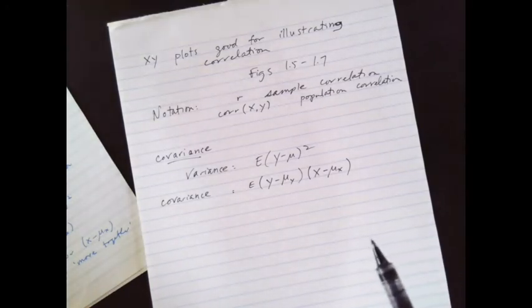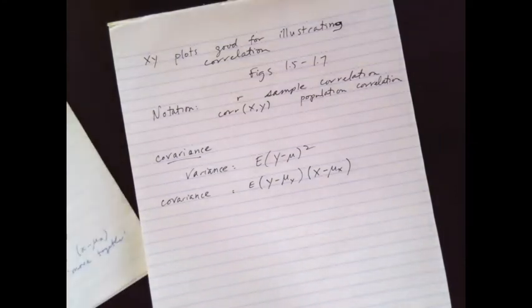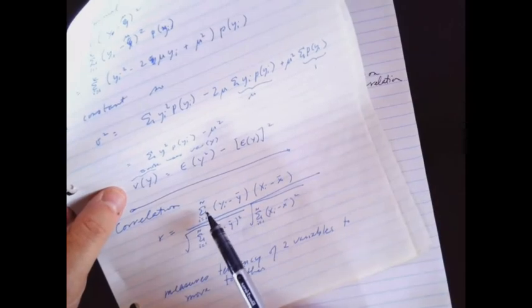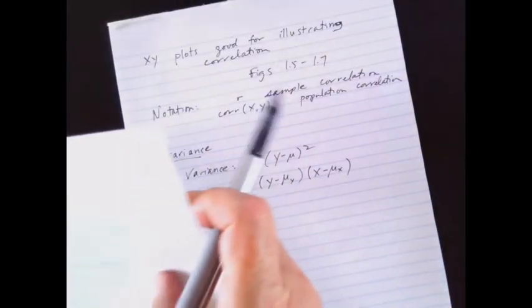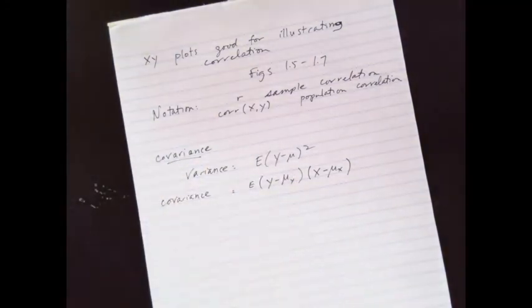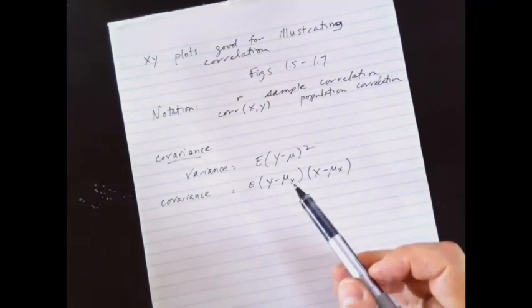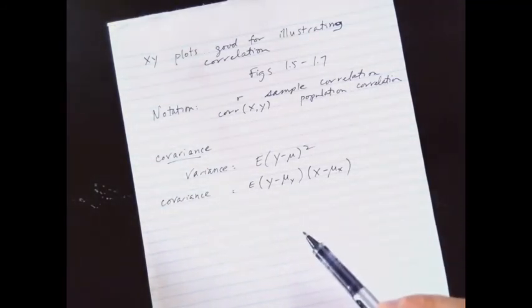And we've kind of seen something like that already. When we had the formula for correlation back here, that's kind of like the term on the top there. So correlation is kind of like covariance, but it's scaled down to be always between -1 and +1.